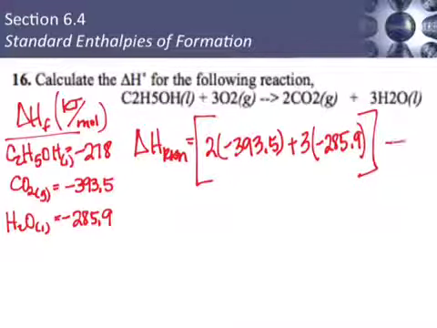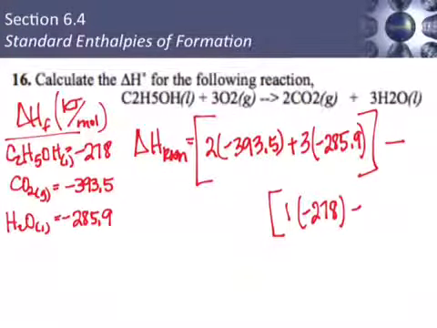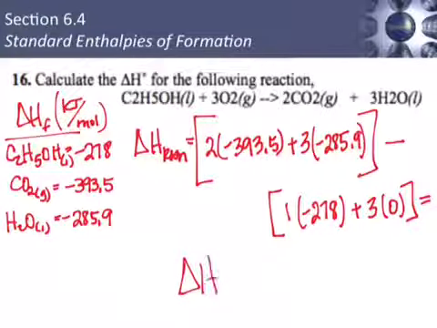I'm going to subtract from that the C2H5OH. I only have one of them at negative 278, plus I have 3 oxygens with a 0 heat of formation, and that will give me my delta H of the reaction.